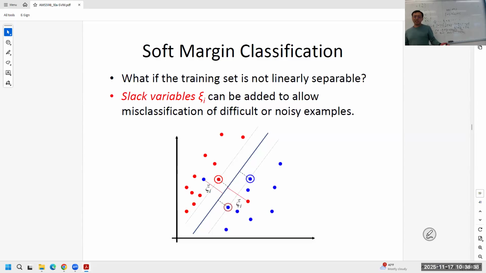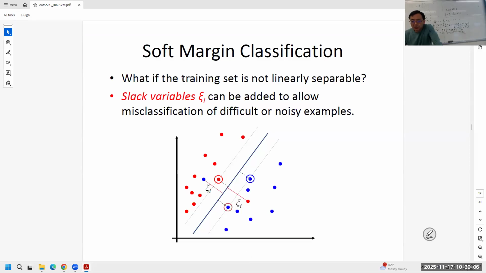But in reality, the two groups of points typically mingle together. Some blue dots are going to be in the red group, some red dots in the blue group, and you will not be able to perfectly separate them. If SVM can only handle perfectly separable groups, then it is not practical. So we have to solve this problem first.